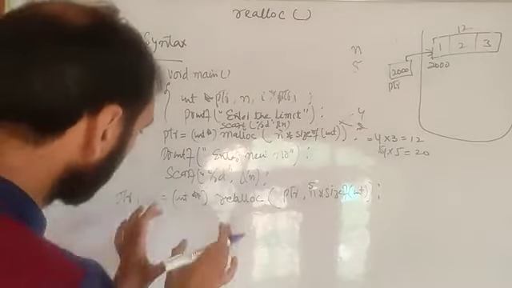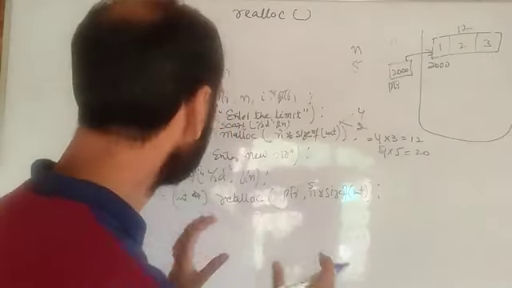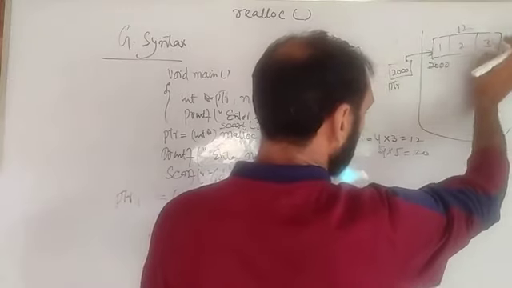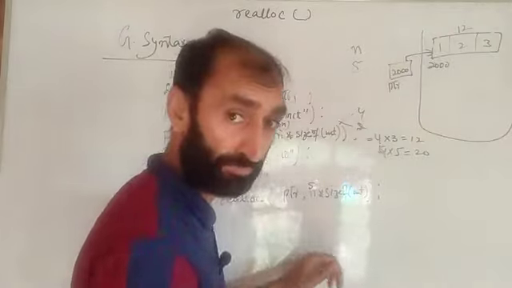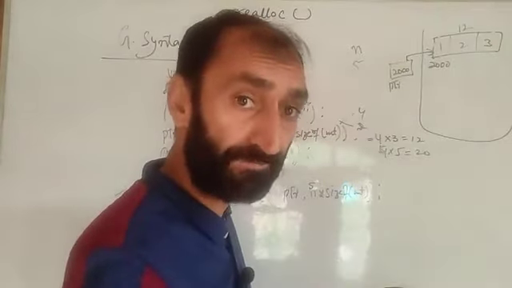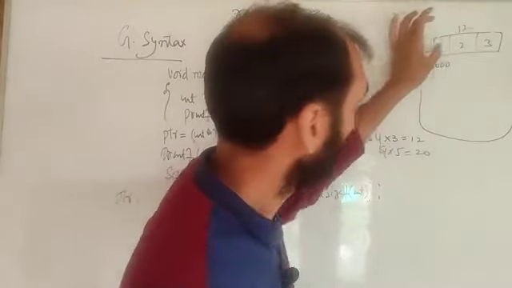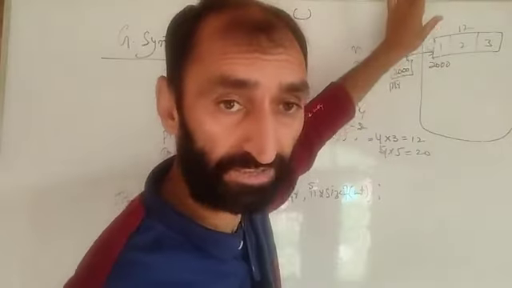Now what would this realloc function do? What would happen behind the scene? Behind the scene, this realloc function will modify the size, if possible. It will increase, it will append, it will increase the previous block which has been previously allocated dynamically.